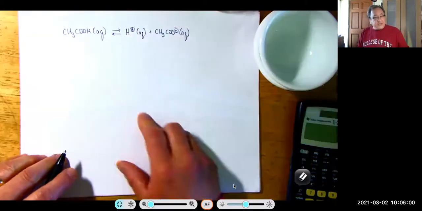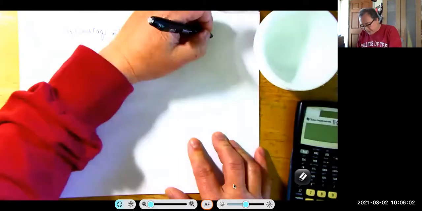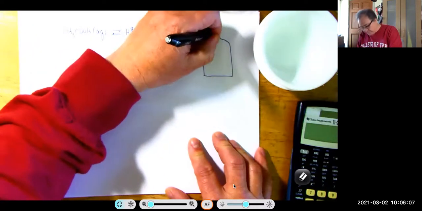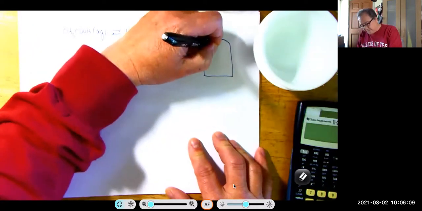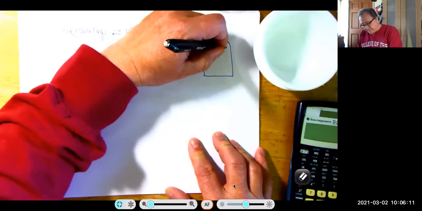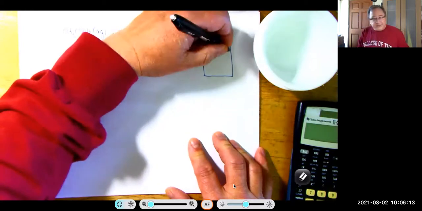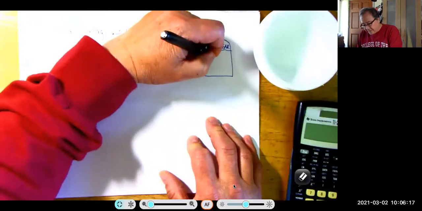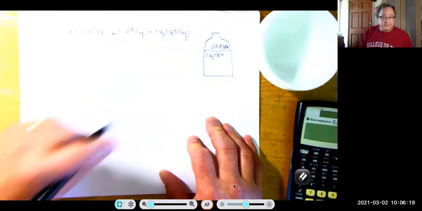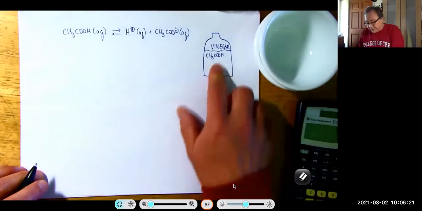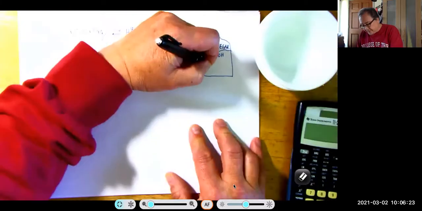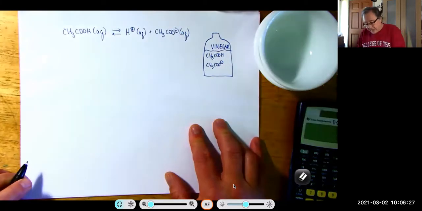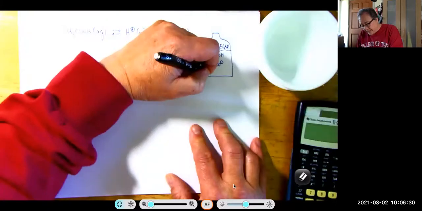So when you look at a container of vinegar, so here's my bottle of vinegar, inside of the container you actually have acetic acid molecules, acetate ions, and H plus ions.